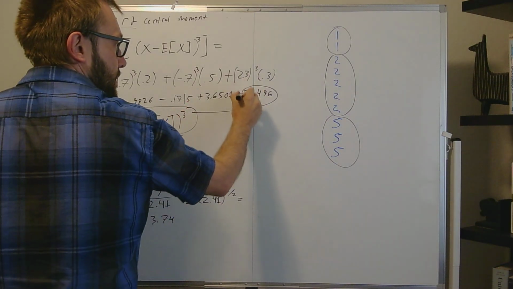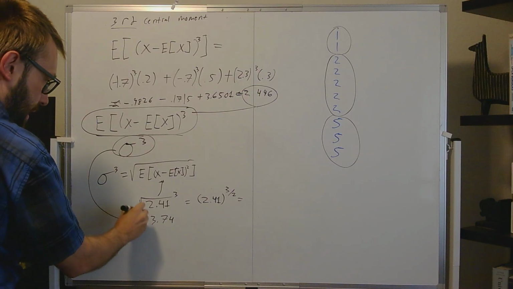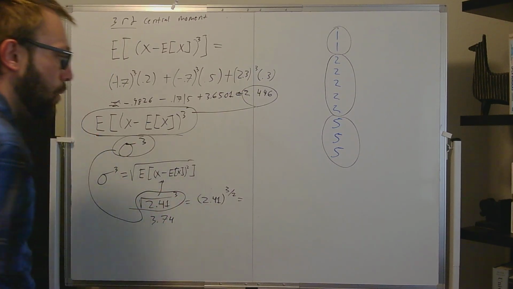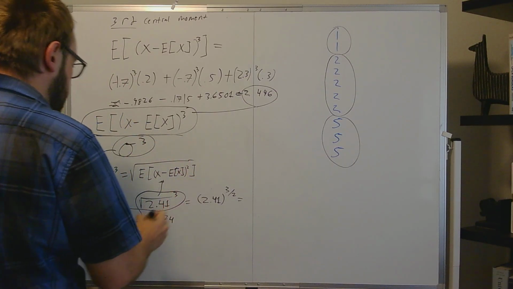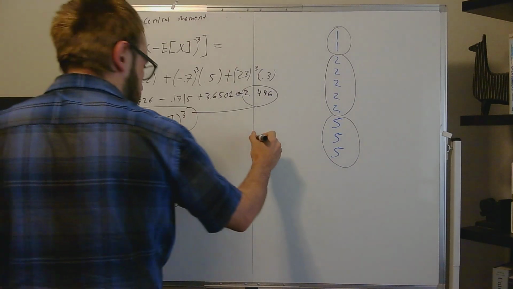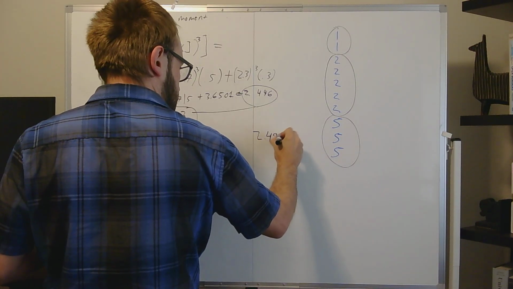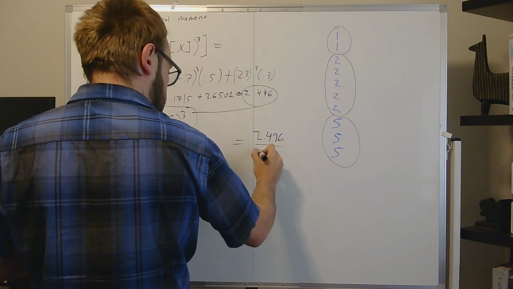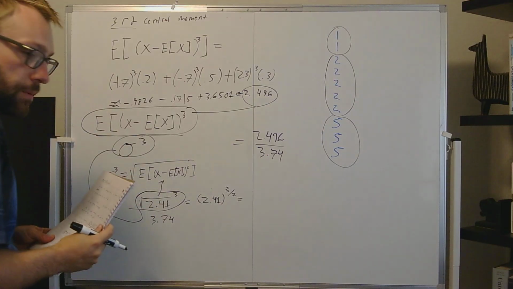So we've calculated the numerator here. That's this. Then we've calculated the denominator down here, recalling from last time that we know what the variance is. And then we just raise it to the 3/2 power because we're talking about standard deviation cubed. So this becomes 2.496 over all of this. This is the skewness, divided by 3.74.